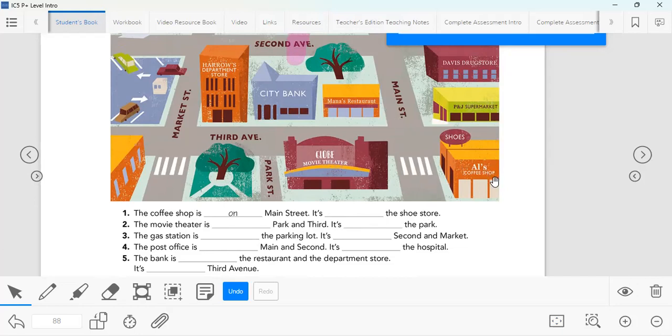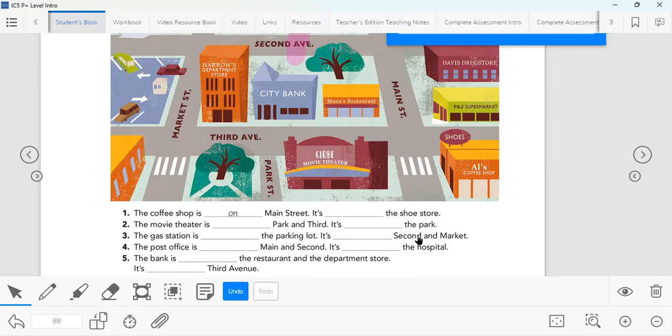But it's what? The shoe store. If I take the shoe store as a reference, what can I say? Next to. Correct. It's next to the shoe store. You see? Two options. The street, on street, or you can say both, right?